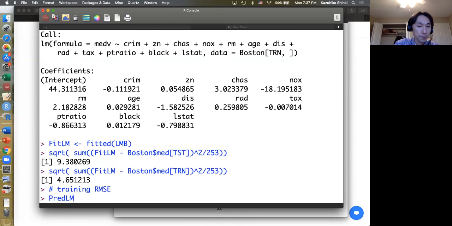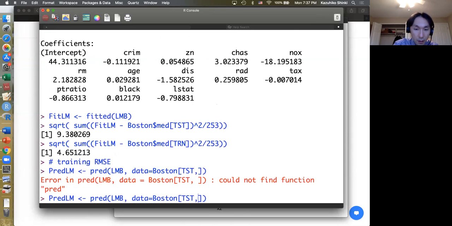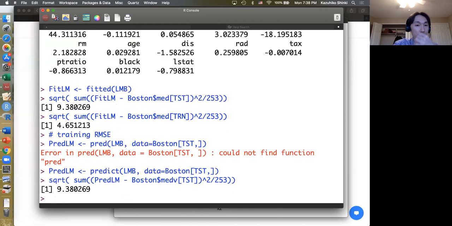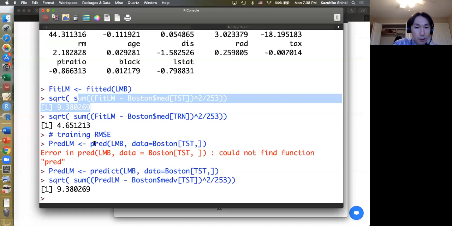How about the test RMSE? We use the predict function with lm1 on the Boston test data set. The first result, 9.38, is a little strange.